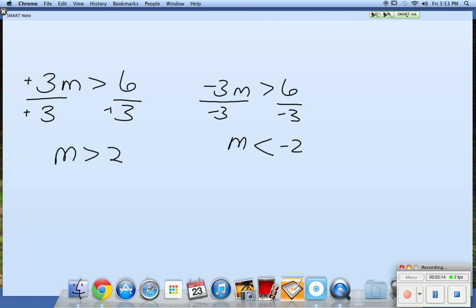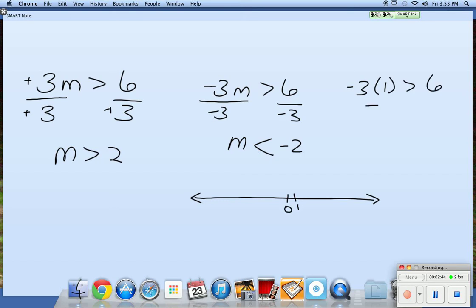To show you how and why this works, if I take this equation up here and build a number line, let's say I put 1 in for m. Would that be a true equation? Negative 3 times 1 is greater than 6.